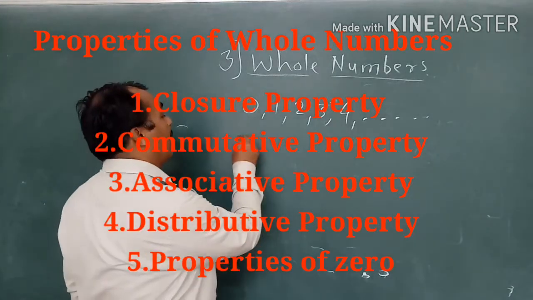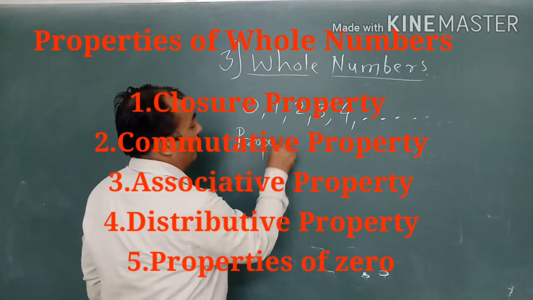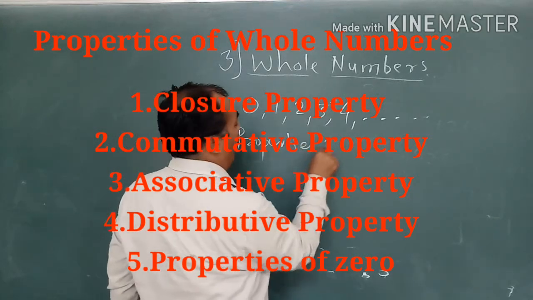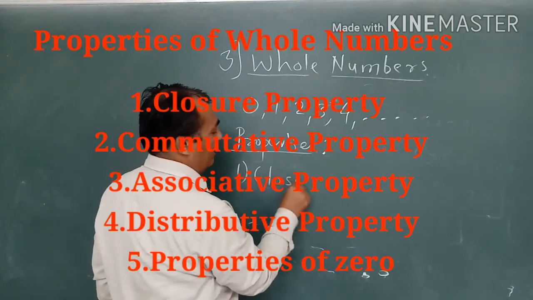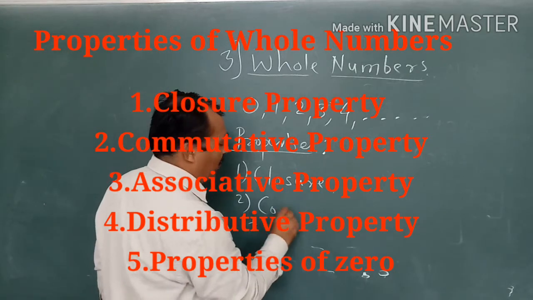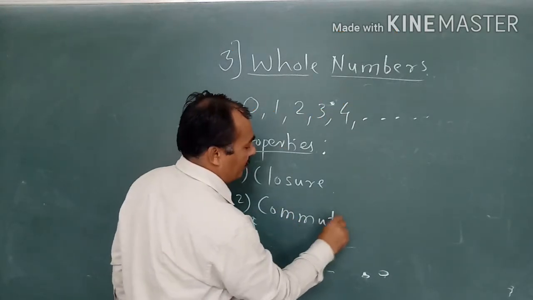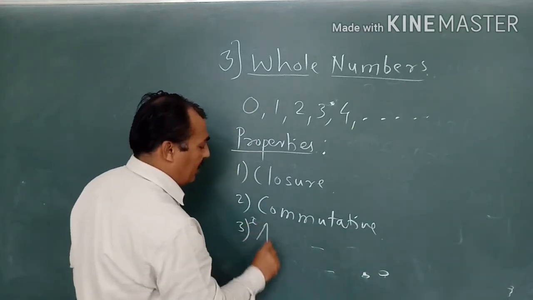And we will also learn the properties of whole numbers from this lesson. First property is closure property. Second property is commutative property. Third property is associative property.